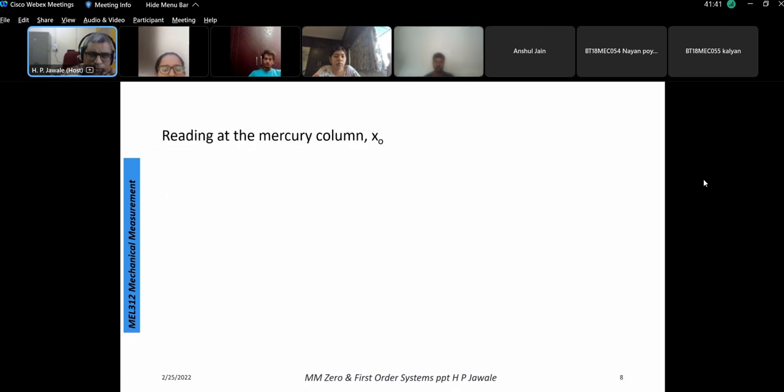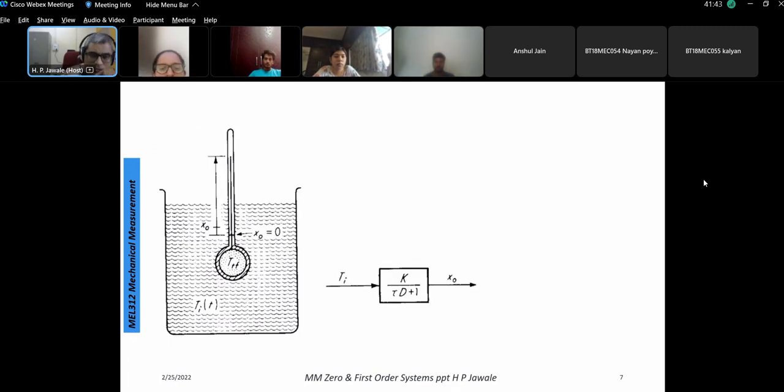Okay. Let us understand this. Let us take the example of the thermometer as an instrument. When we dip this thermometer into the bath having temperature Ti of the fluid, we can say this is the input in which we have dipped the thermometer.